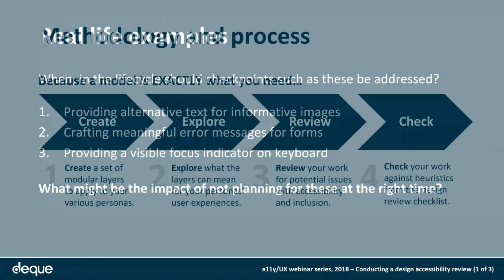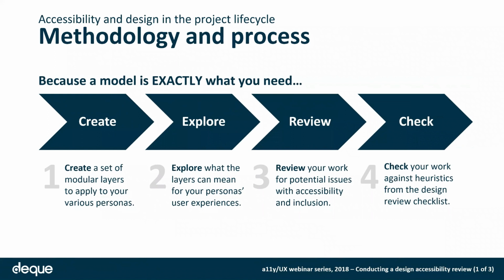What we've done so far with the webinar series is look into a couple of things. Like I said, we started with the personas, and then we went to the heuristics. Basically, what we've done so far, as part of that 4-step process that we like to apply to what we're doing, is we covered the create, explore, and review pieces with the previous webinars where we've looked into the personas, we've created modular layers or lenses on top of those personas to integrate the idea of a particularity, like a cognitive disability or a visual impairment or something like that.